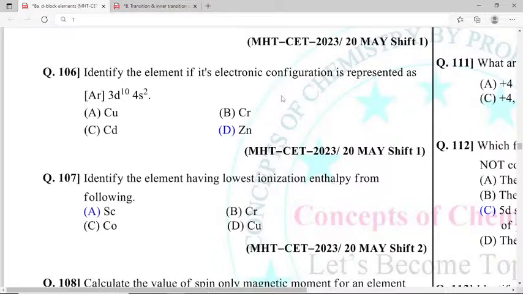So argon 18, plus 10 plus 2, so the value becomes 30. The atomic number value 30 is zinc. Zinc is your answer. The atomic number of argon is 18, 3d10, so 18 plus 10 plus 2 becomes 30, and zinc has atomic number 30.